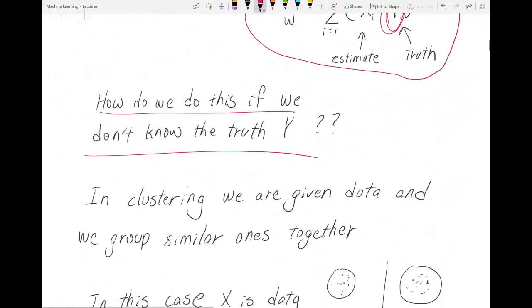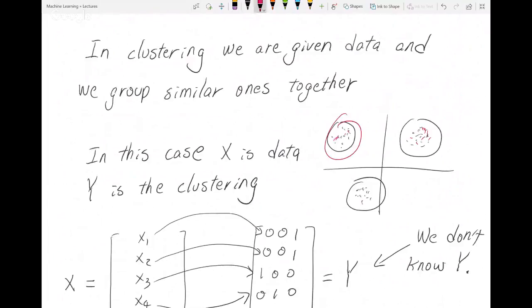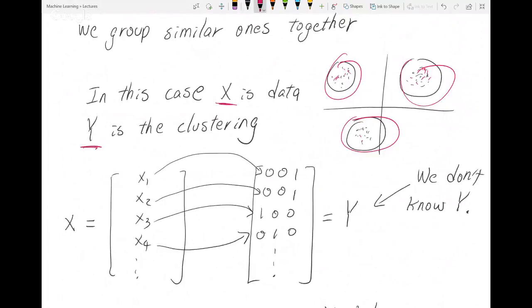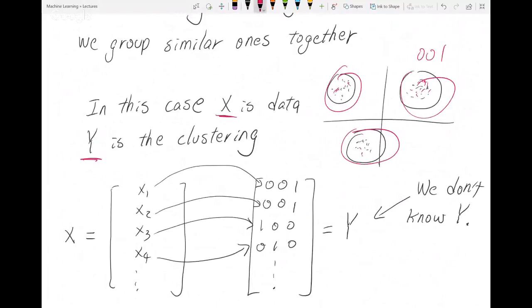Well, in clustering, we are often given some bunch of data here, right? Here's some data, and we want to cluster them together. In this case, let's say X is the data and Y is the clustering. This is going to be 0, 0, 1. So all the data that's 0, 0, 1 will go here. So X1, X2 belongs to this cluster.